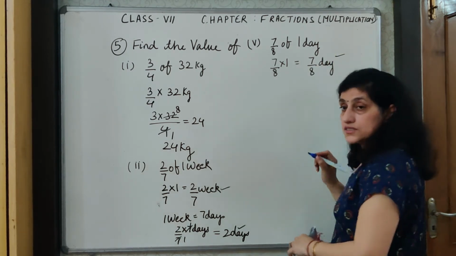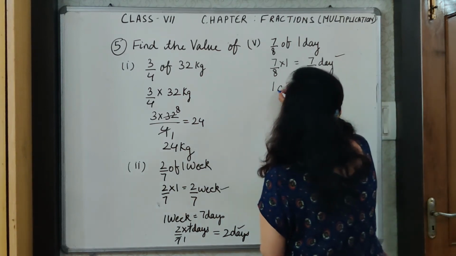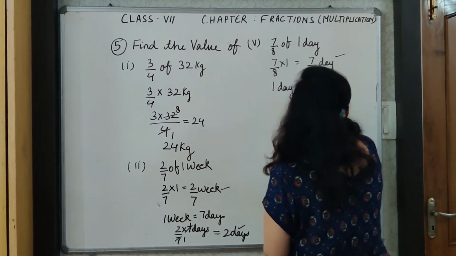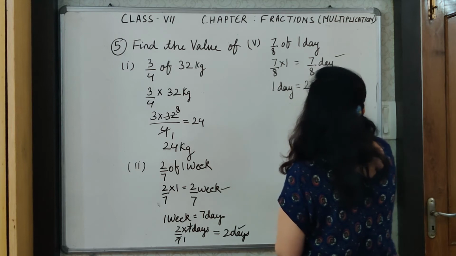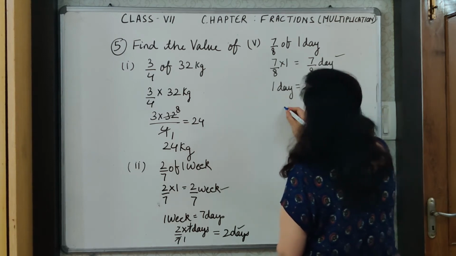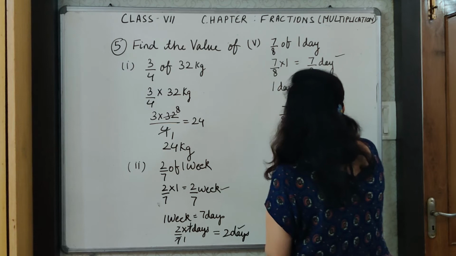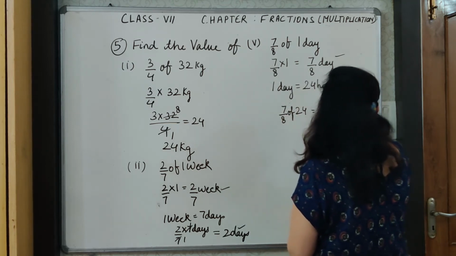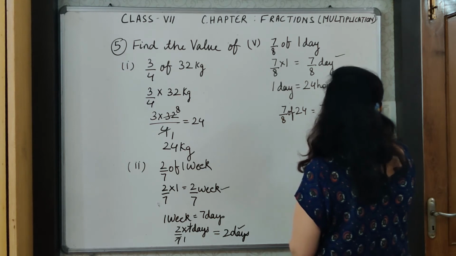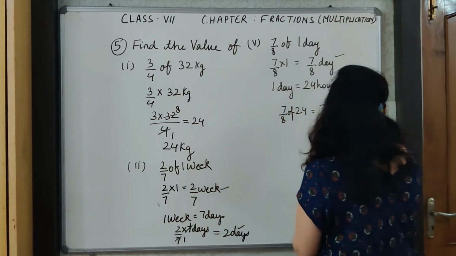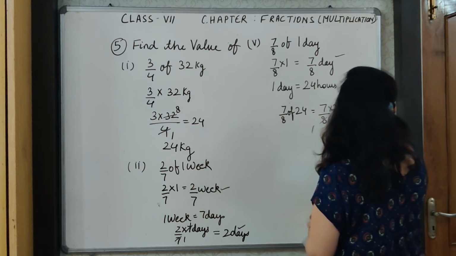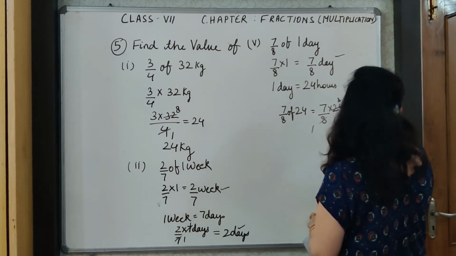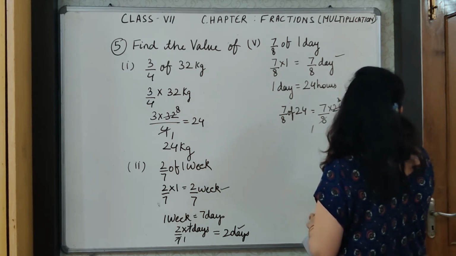We can have this answer, or I can say 1 day is equal to 24 hours, and then write 7 by 8 of 24, which is equal to 7 upon 8 into 24. 8 1s are 8, 8 3s are 24, is equal to 21 hours can be the answer.